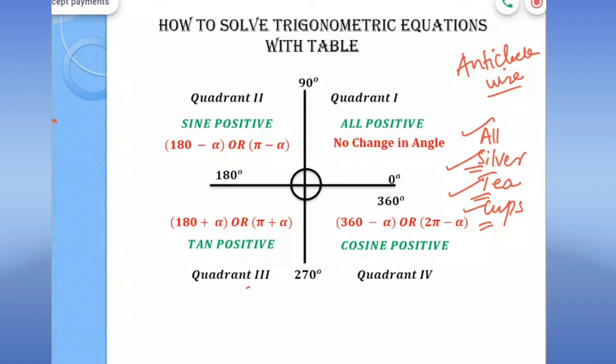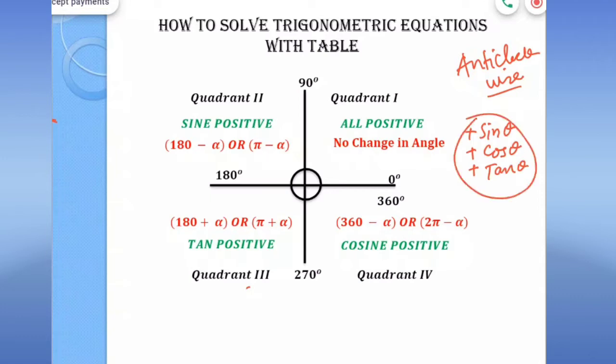Now, what is meant by all positive? It means we are considering 3 functions: sine, cosine, and tangent. So in the first quadrant, sine, cosine, and tan values are positive. For the second quadrant, only the sine value is positive, but the cosine and tangent values are negative.